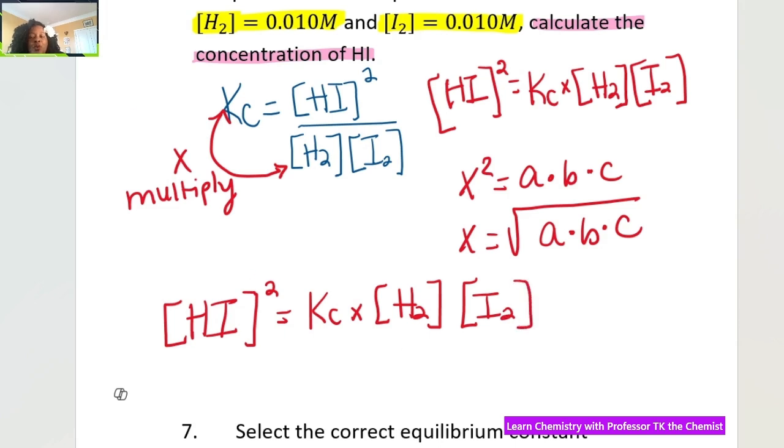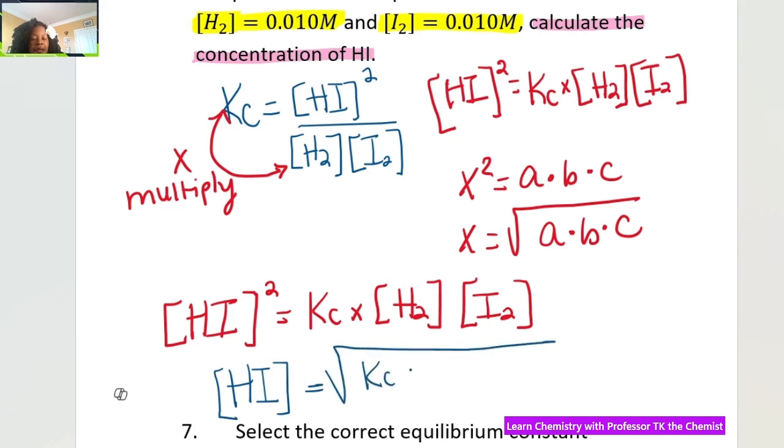We're going to take the square root of that, so we're going to get rid of that square. So the formula becomes HI equals the square root of Kc times H2 times I2. Okay? You all see that?